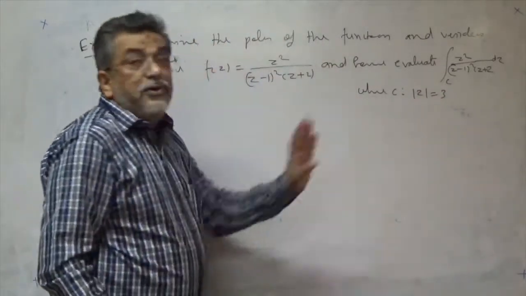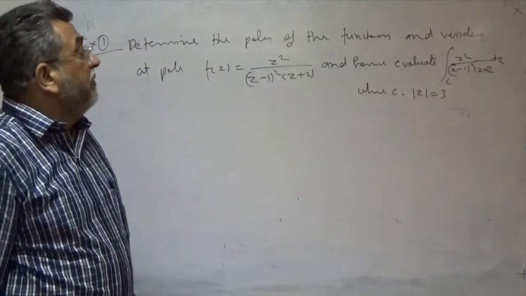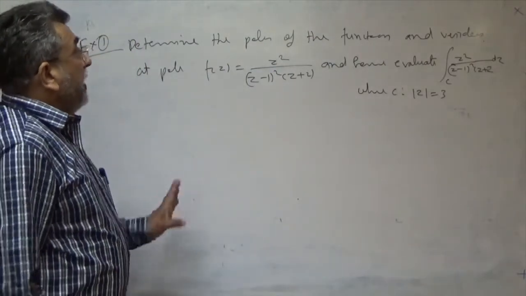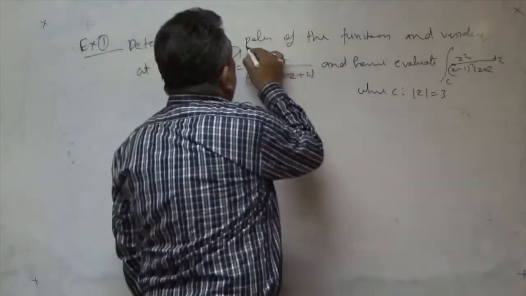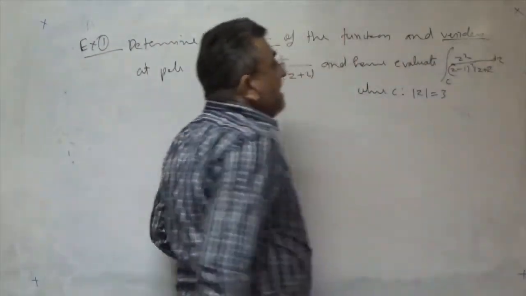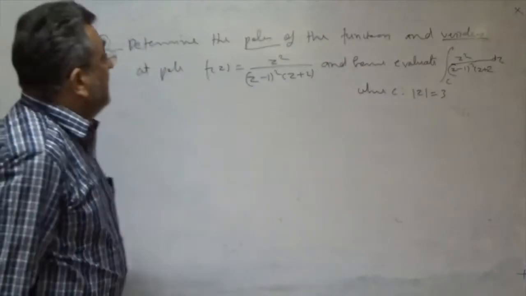This is the first numerical example. There are three parts: first, we have to find the poles, second, the residues, and then the value of this integral.